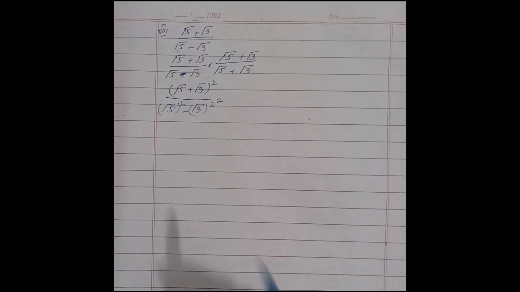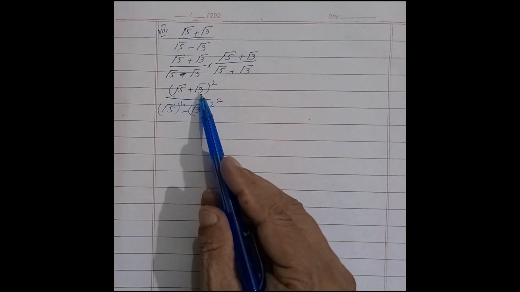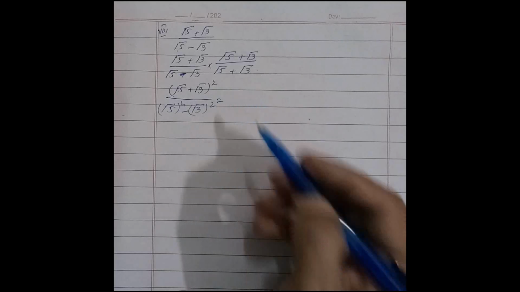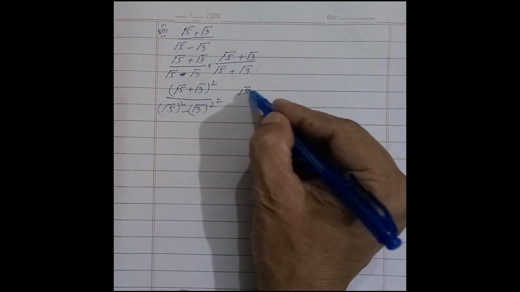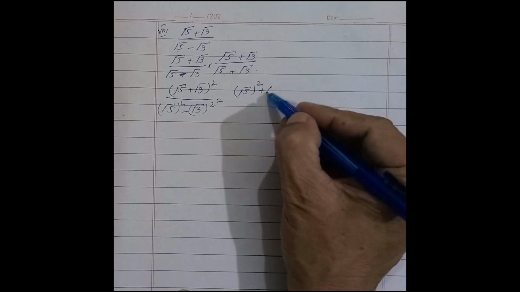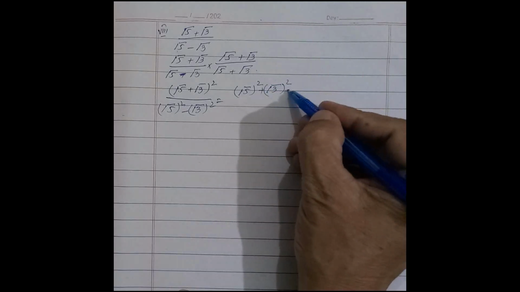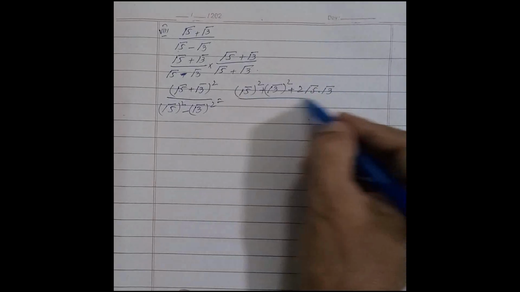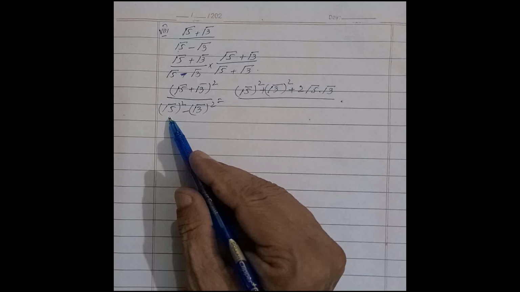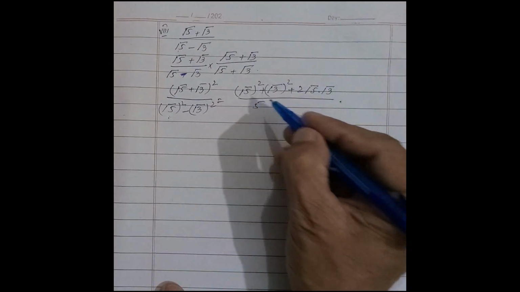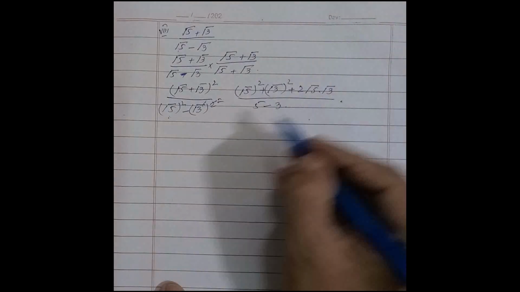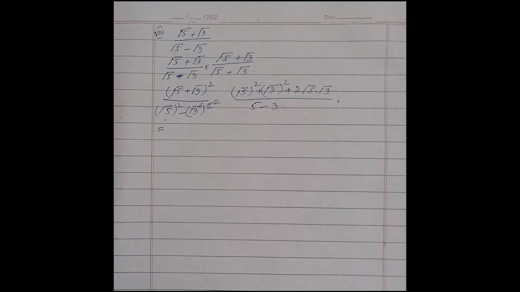Now simplify it. In the numerator it is a plus b whole square, whose answer is a square plus b square plus 2ab. Square root 5 whole square plus square root 3 whole square plus 2 square root 5 into square root 3, over the square of square root 5, which is 5, square and square root cancel, minus 3. Now simplify these values.